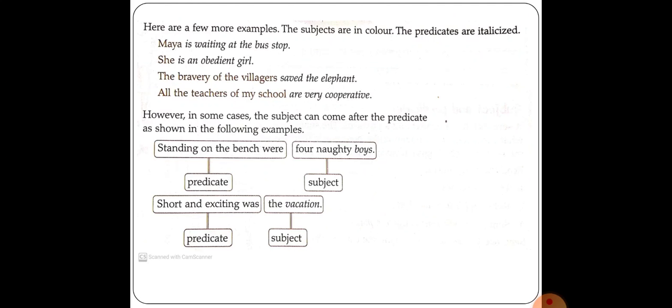You can see in the third example, the bravery of the villagers saved the elephant. We are talking not only about the villagers, but about the bravery of the villagers. So the bravery of the villagers is the subject, and saved the elephant is the predicate part.